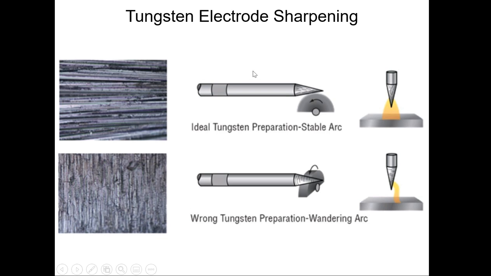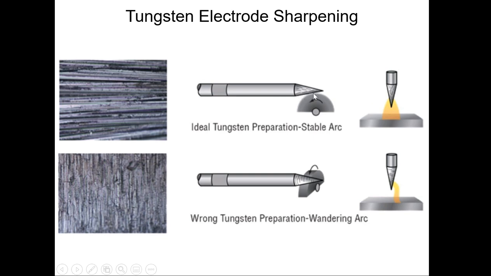Now, sharpening has to be considered as well, because sharpening could cause problems when it comes to striations. This is the grinding wheel leaving marks in it along the edge of this axis.